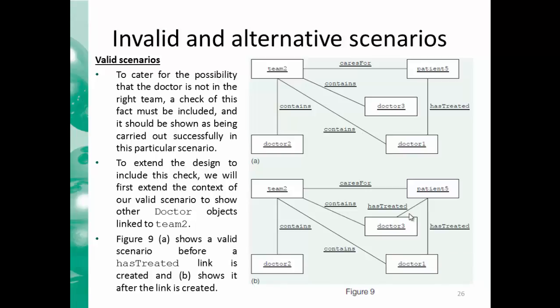Here we see a valid scenario. Dr. 3 is not connected to patient 5 before in A, and after treating the patient, Dr. 3 is connected to patient 5. We have no problem at all because patient 5 is under the care of team 2 and the doctor is a member of team 2.